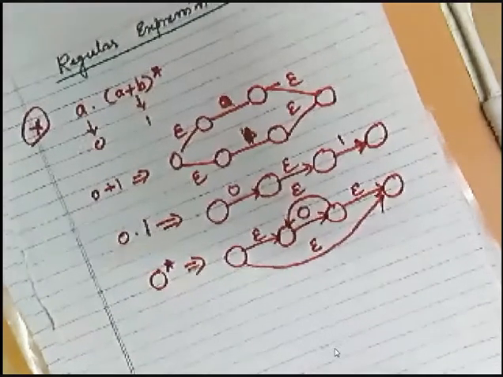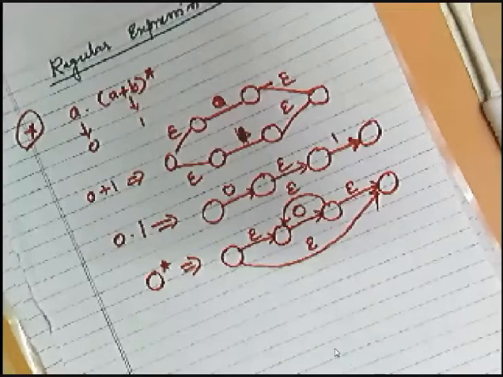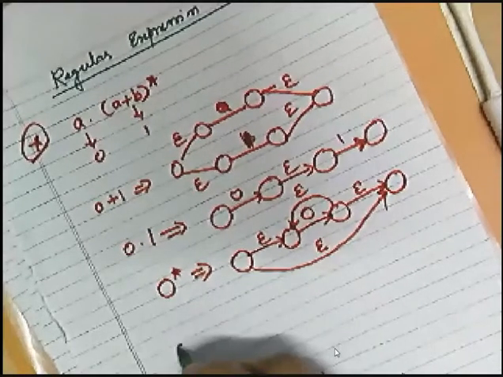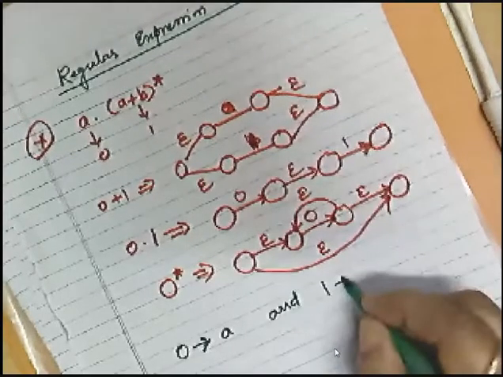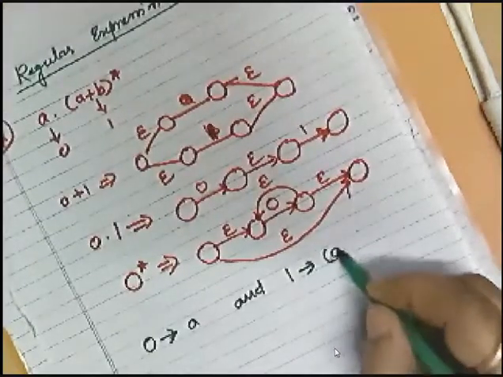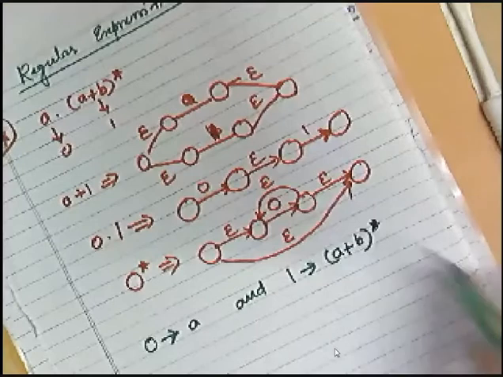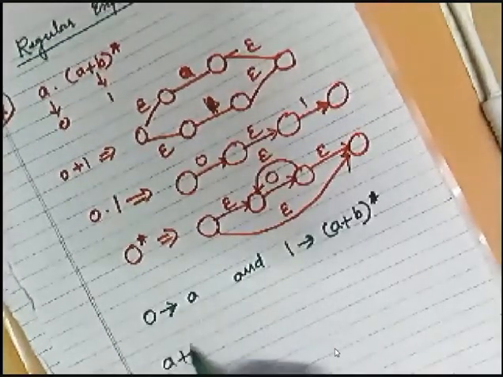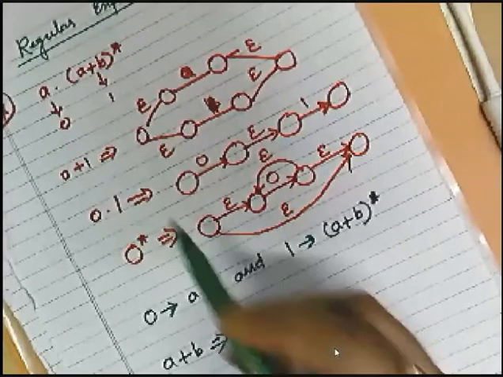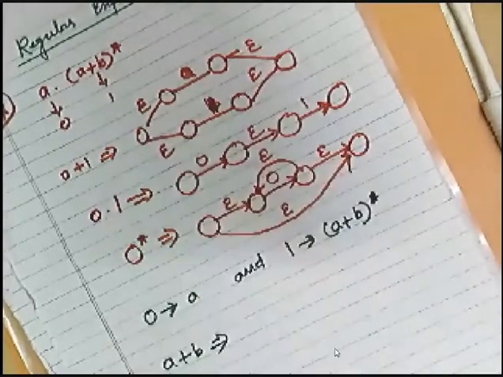Okay, so now what we will do is, we will consider 0 as our A and 1 as our A plus B whole star, right? Now we will start representing. Very first, A plus B will be what? Represented as this one, right?